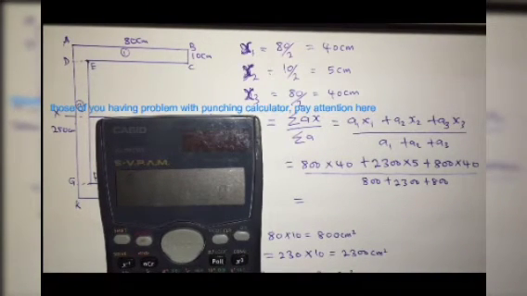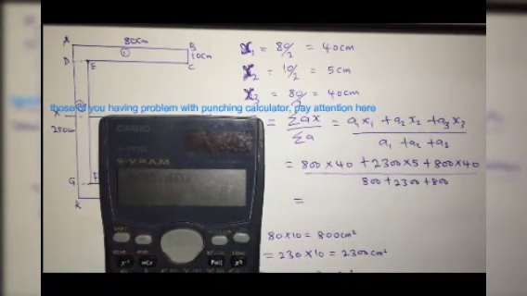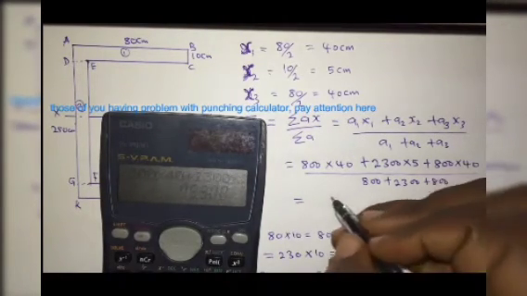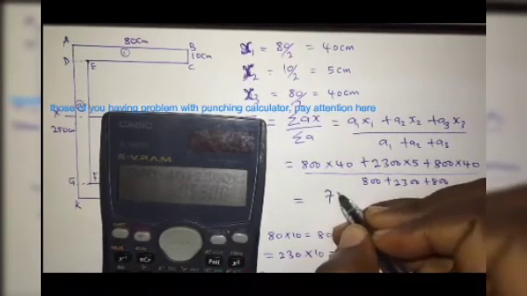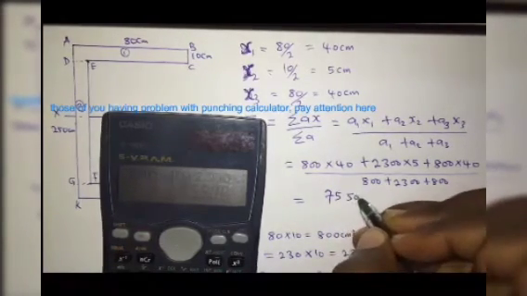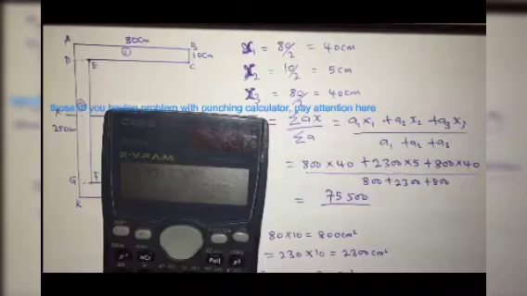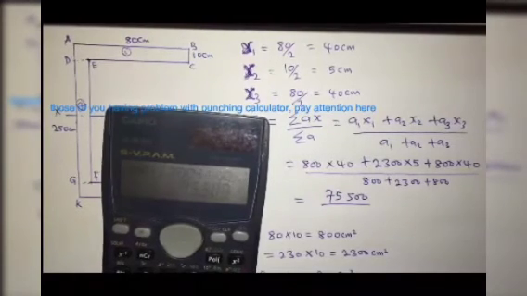I was trying to show you how to use the calculator to get the values correctly, but unfortunately the camera is not capturing the calculator very well. But you can see that I put everything here because the calculator understands the order of operations, so it knows that it has to do multiplication before addition. Once you put everything in the calculator, you're going to get your answer.